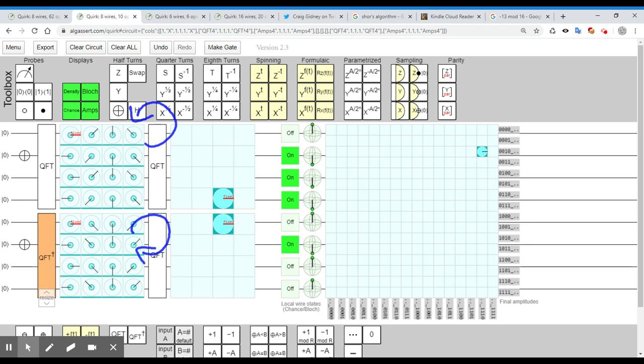But basically, that's it. I'm still not really happy, but there's definitely something interesting here, the kind of clockwise and counterclockwise. That's definitely cool.